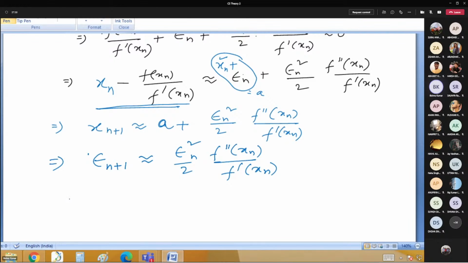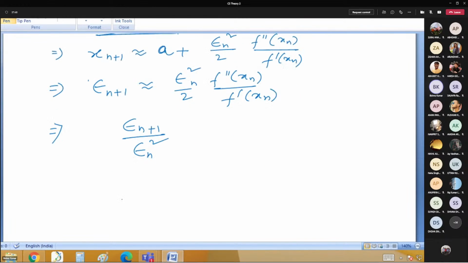If I put back epsilon n plus 1 by epsilon n square, it's a modulus value whatever, and because of this approximation I am taking mathematically the limit n tending to infinity. I am doing lots of iterations. Okay, just a minute.